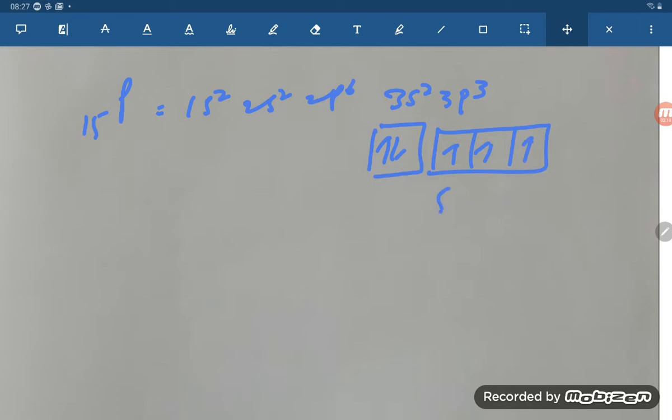So this is a stable configuration. Removing an electron from this configuration is very difficult. So it has high IE.